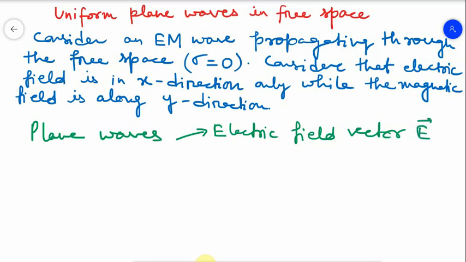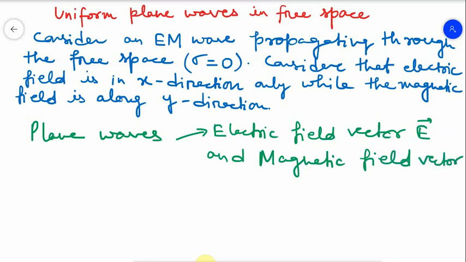This is the meaning of plane waves. They are in the same plane. I am not talking of them being in the same direction, I am talking that they are in the same plane.